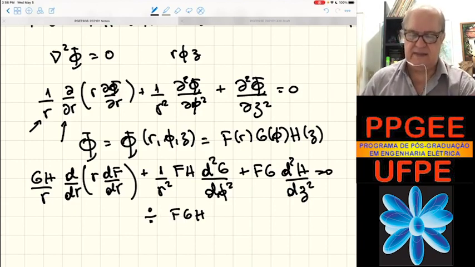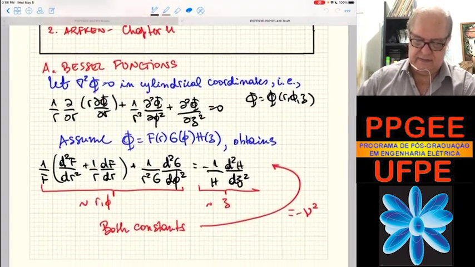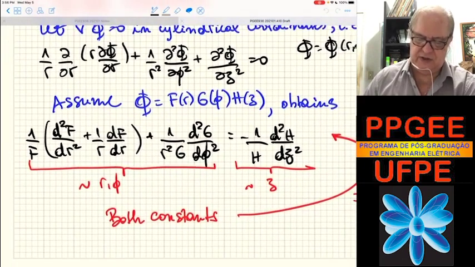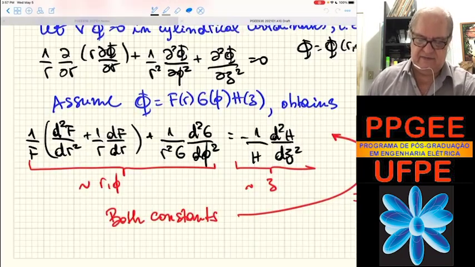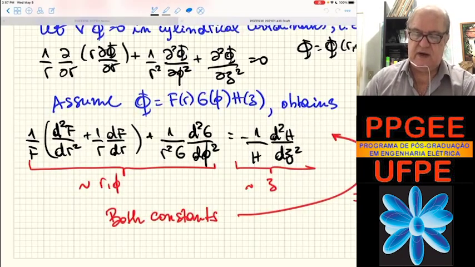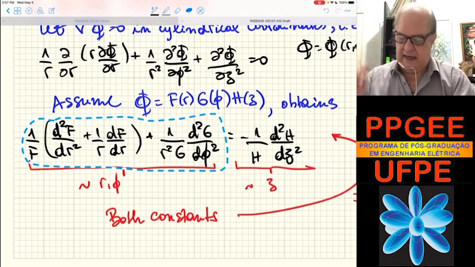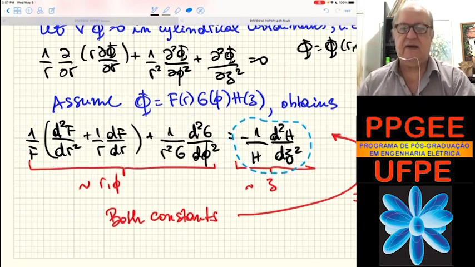We're going to get this type of structure, a function only on r and phi, and a function only on z.